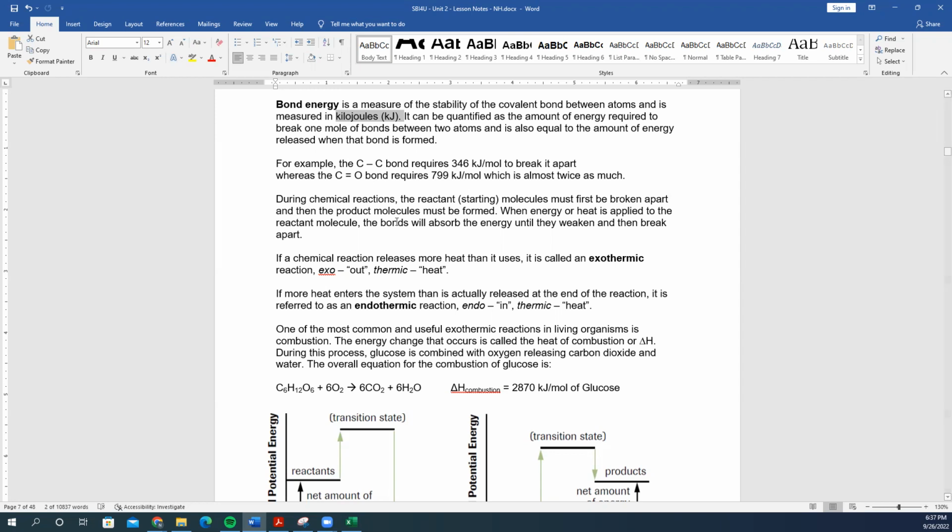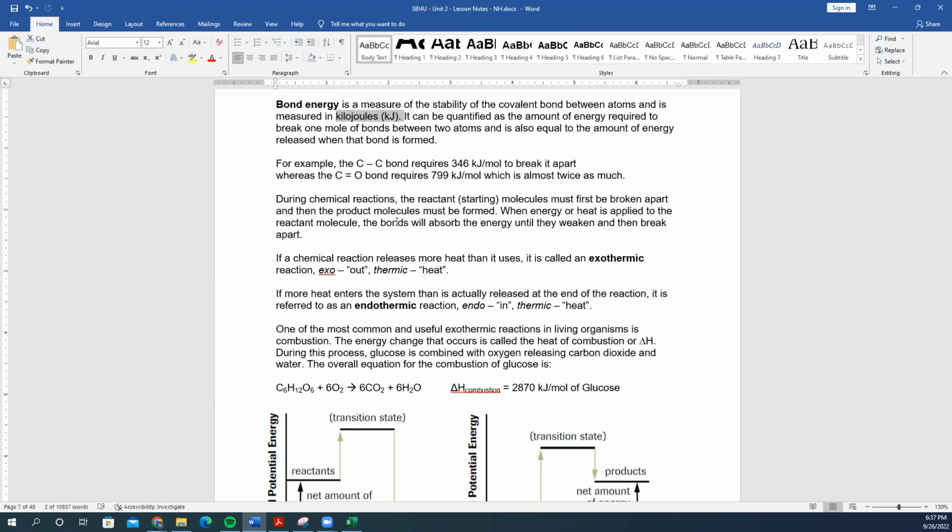So when you have a chemical reaction of reactants going to form certain products, the reactants, or in other words, your molecules that you're starting out with, in order to become the products, first have to be broken apart, and then the product molecules need to be formed.